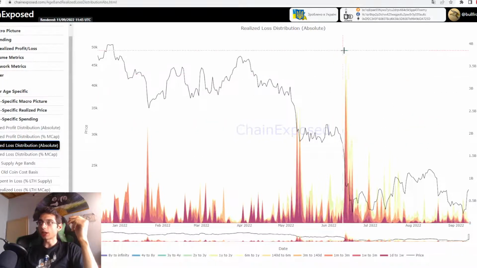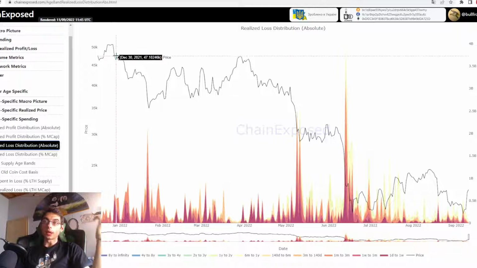In the last drawdown, I saw this peak right here, and the 14th of June was the time when I spotted it, and I said we are going to bottom right here, because there were a lot of indicators. You can go back to that date in my Twitter analysis.